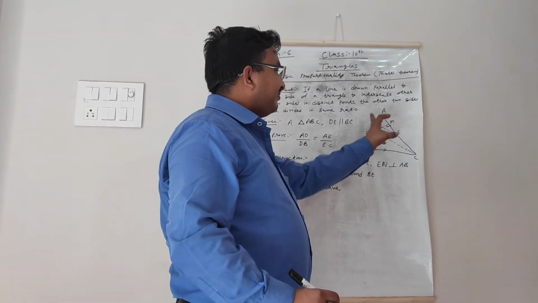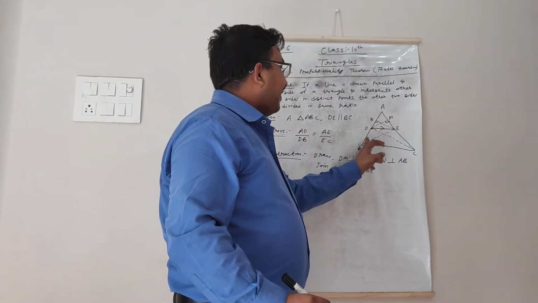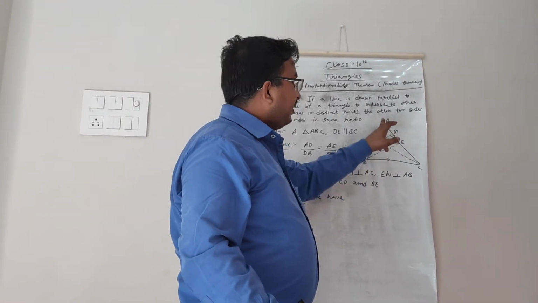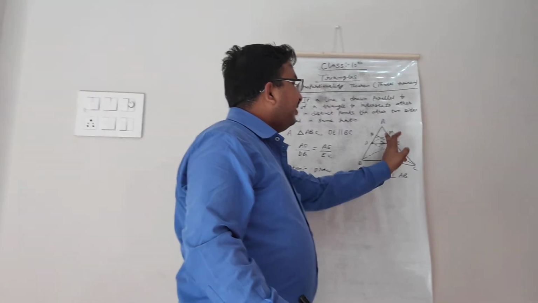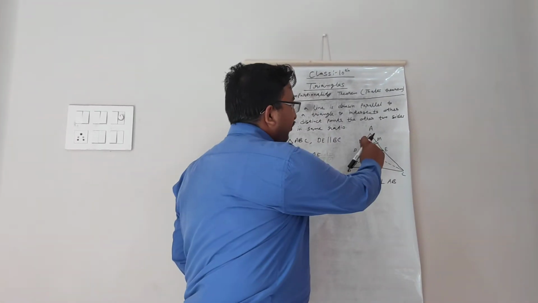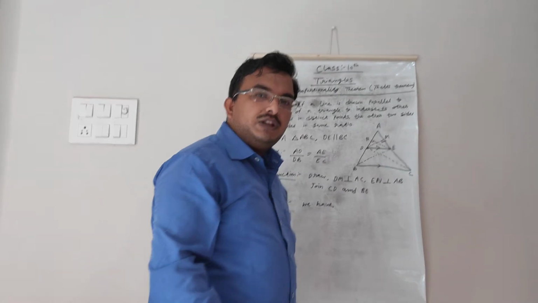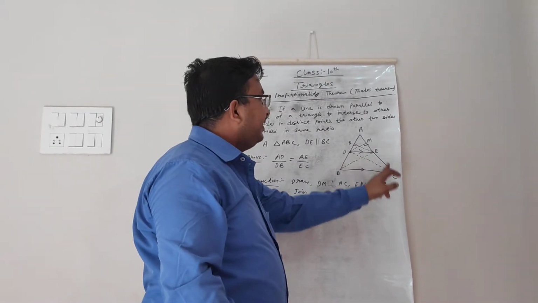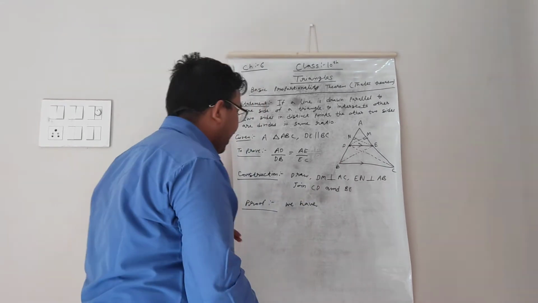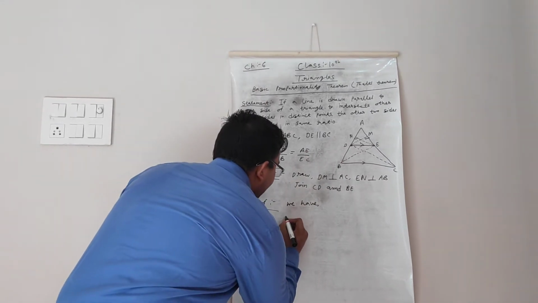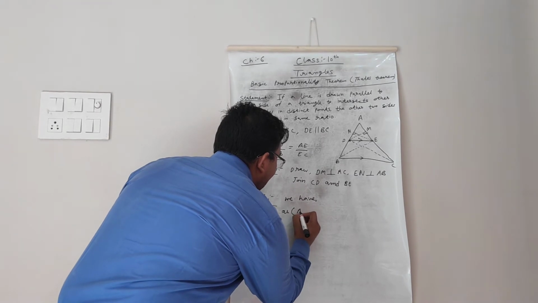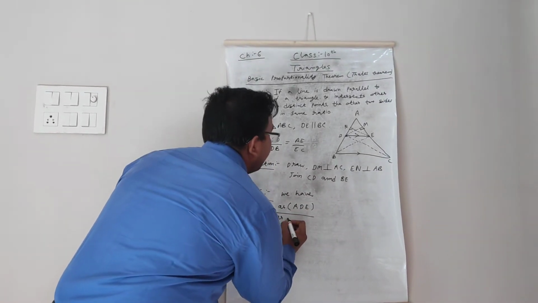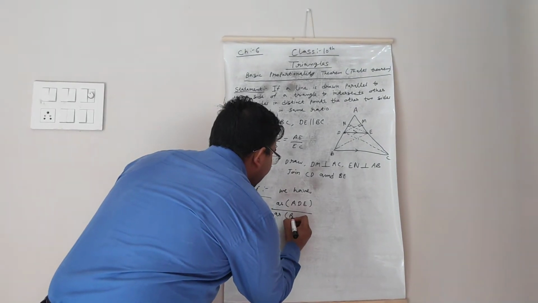We will be using triangle ADE and first triangle BDE, and next time again ADE and triangle DEC. It means we are using triangle ADE in both cases, triangle BDE in one case and triangle DEC in the other case. Let me write. First of all, I am taking area of triangle ADE upon area of triangle BDE.